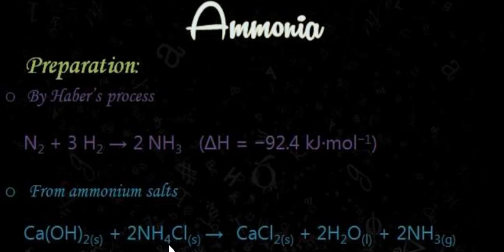For example, ammonium chloride reacts with calcium hydroxide and gives calcium chloride and ammonia. So it can be prepared on large scale as well as on small scale. That is Haber's process, and the method of preparation from the ammonium salt.